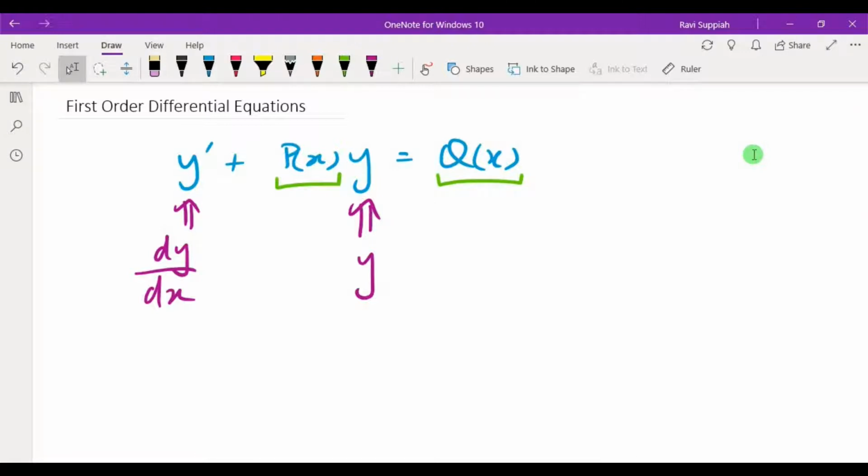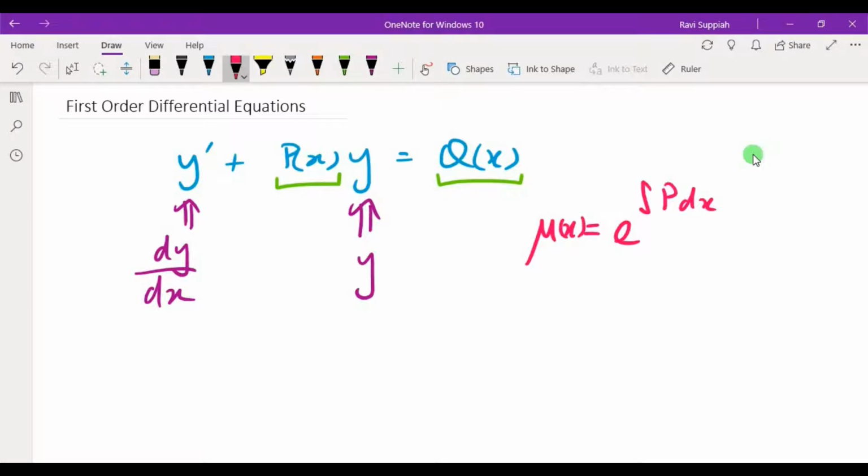Once you have it in this form, what we do next is to define e to the integral of p dx as equal to mu of x.